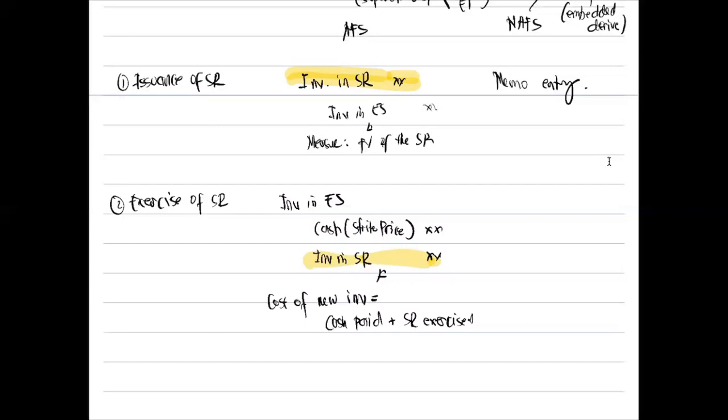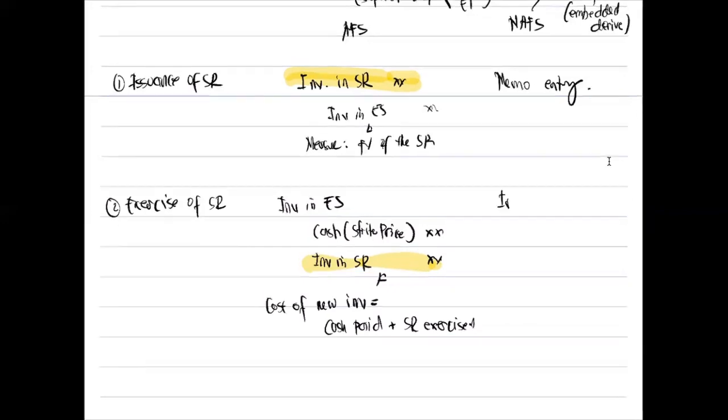What about not accounted for separately? It's easy. Investment in equity securities, you credit cash. That's all. So what is the difference between them here? The cost of new investment is only equal to your cash paid. Okay?